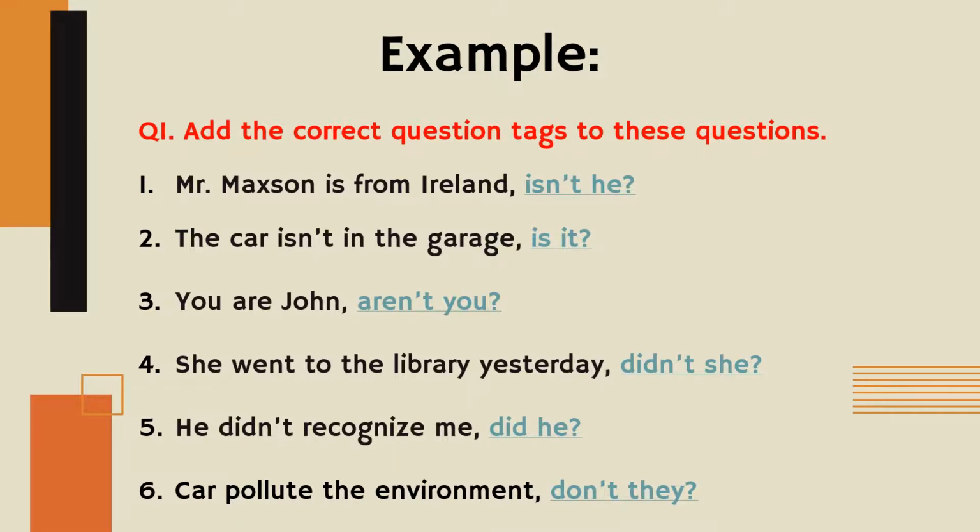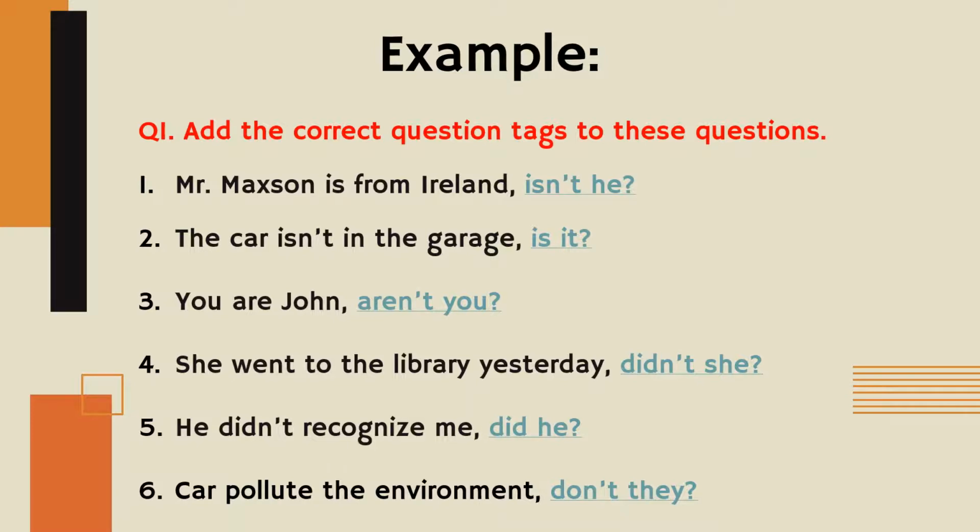So in the sentence, the car is an object. So we do not say he or she. We say it as it. So it will become is it. So the added tag to the second statement is it.